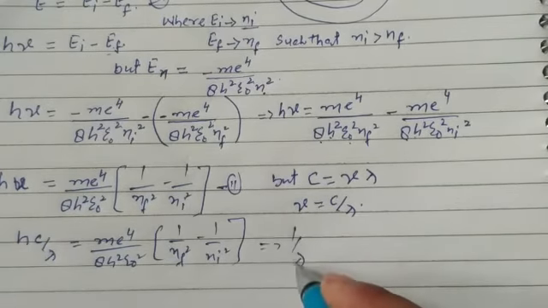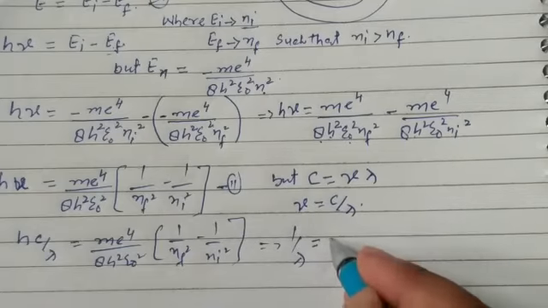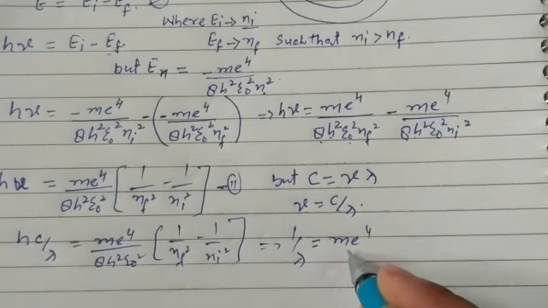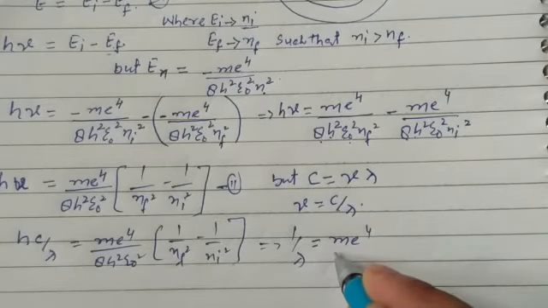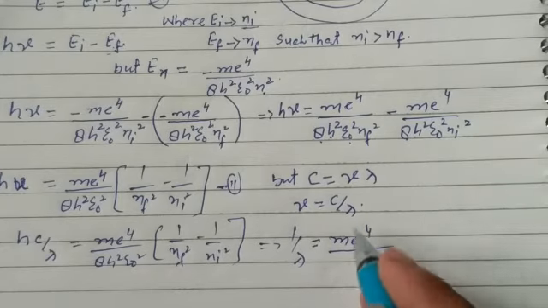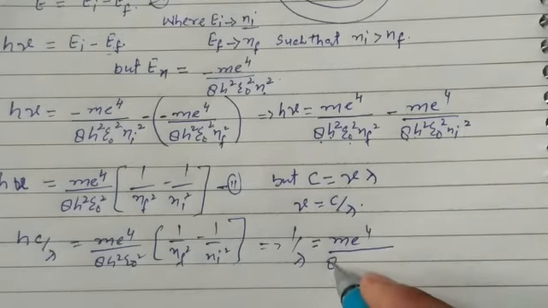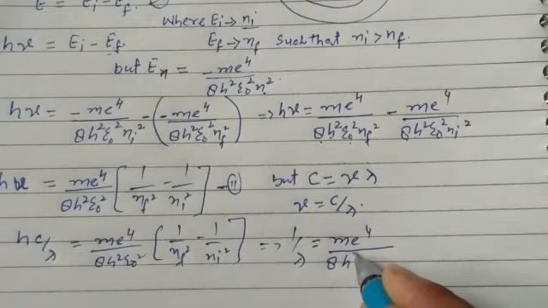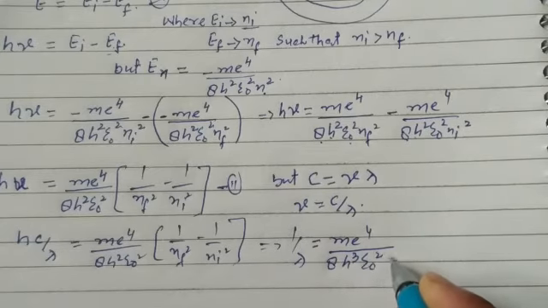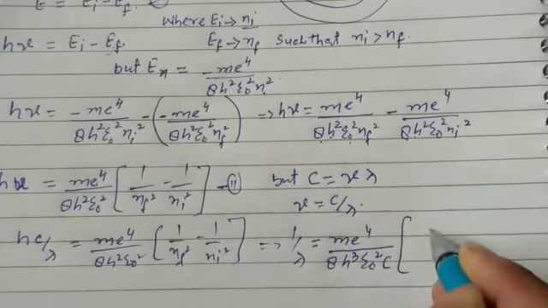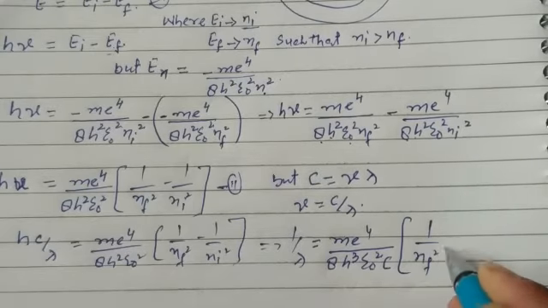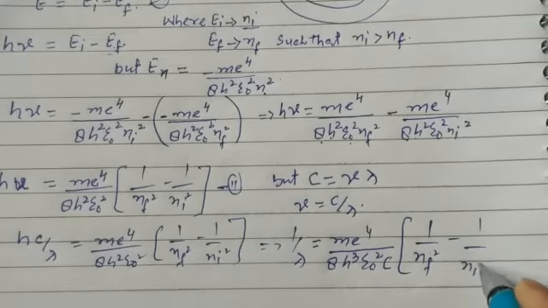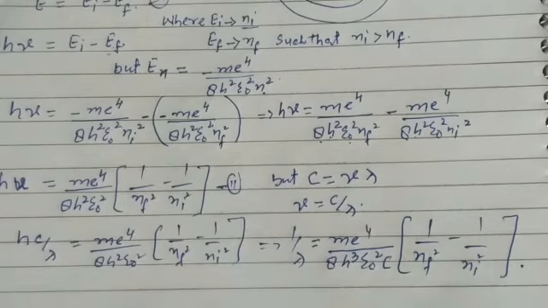So this h is going to multiply here and this c comes down. What remains is 1 over lambda equals to m e to the power 4 over 8 h cube epsilon naught square c, times the bracket 1 by nf square minus 1 by ni square. Here m is constant, e is constant, h is constant, epsilon naught is constant, and c is the speed of light.